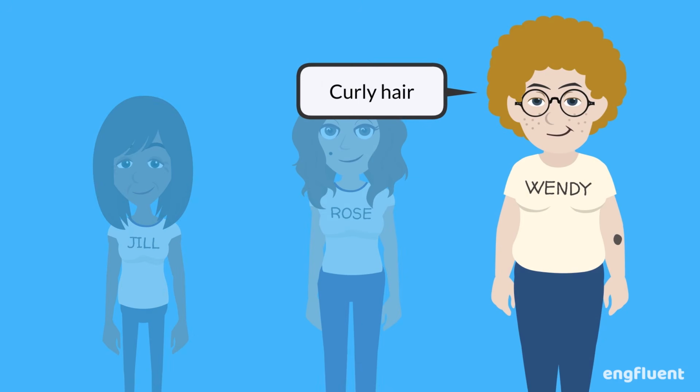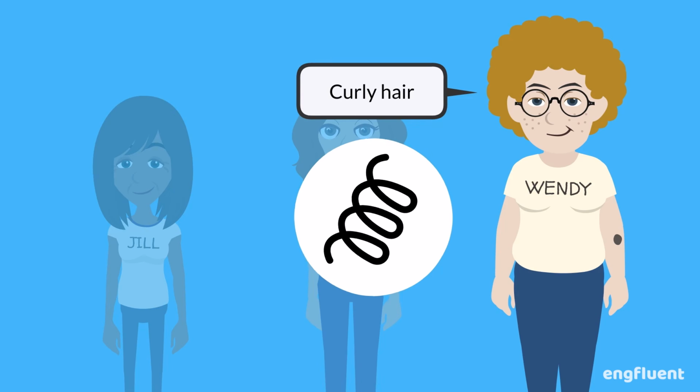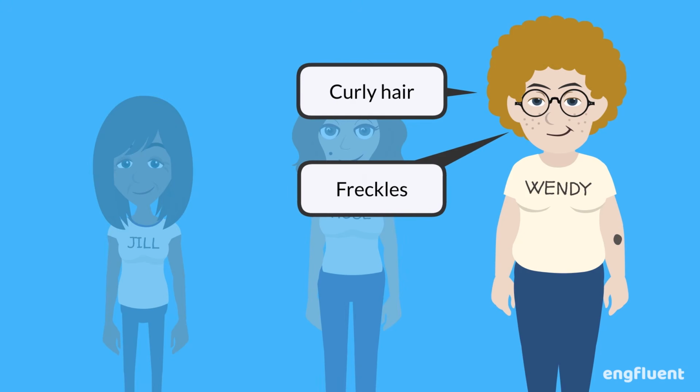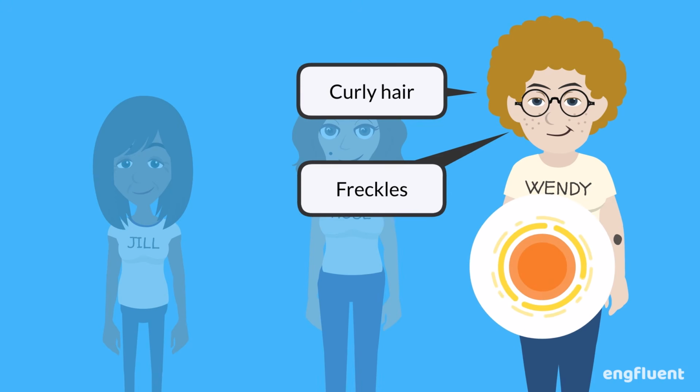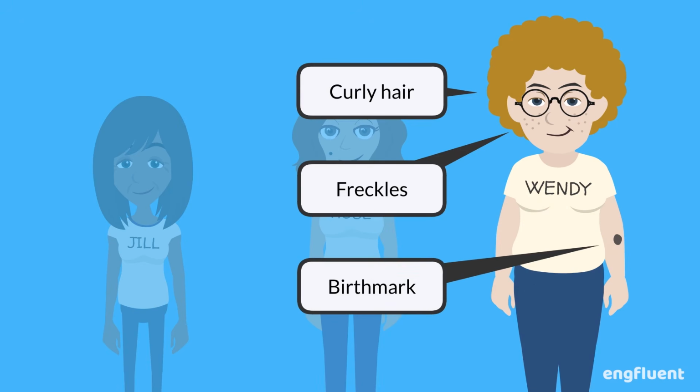Wendy has curly blonde hair. Curly hair means her hair makes small circles or spirals, like a spring. She has freckles on her face. Freckles are small spots caused by sun exposure, and they're quite common among people with very light skin. She also has a birthmark on her arm.